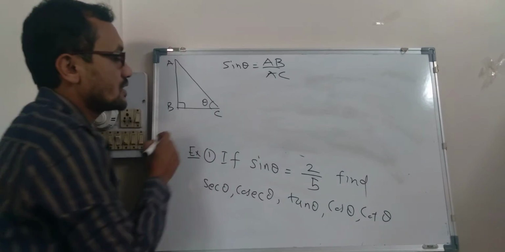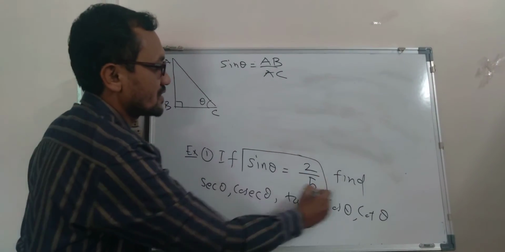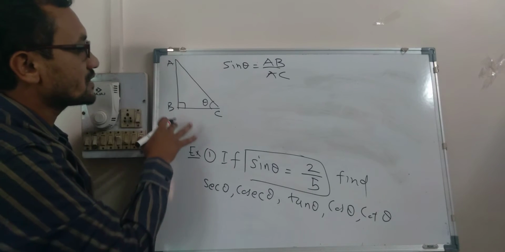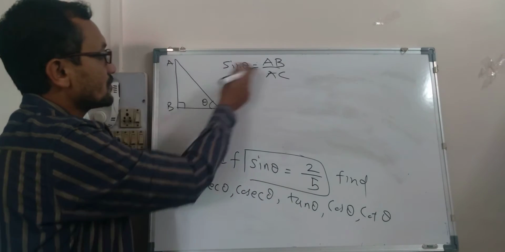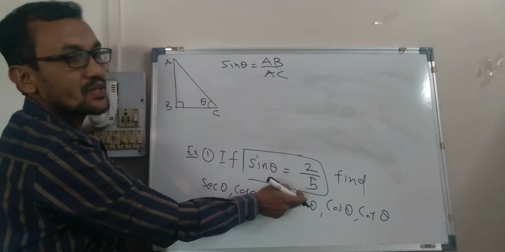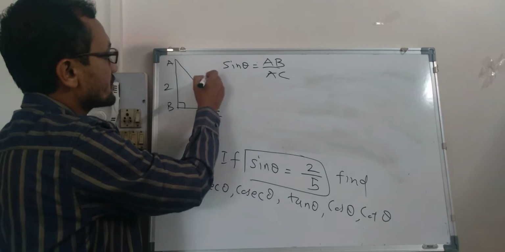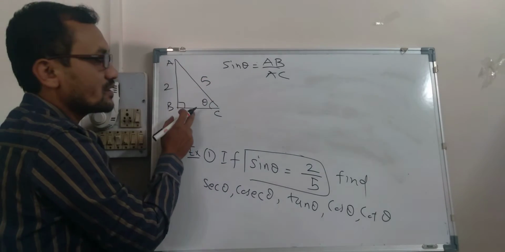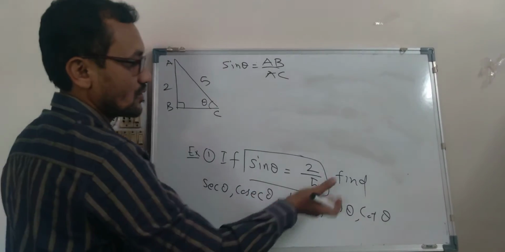It is given to us as 2 by 5. If you draw this right angle triangle and compare AB upon AC with 2 by 5, AB is 2 and AC is 5. We only want BC, and we will find it using our knowledge of trigonometry.